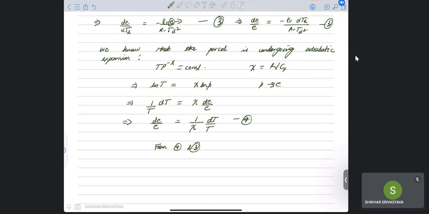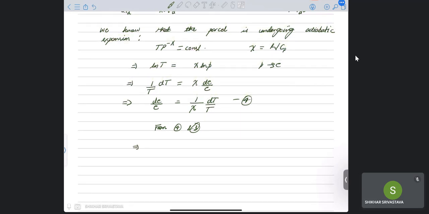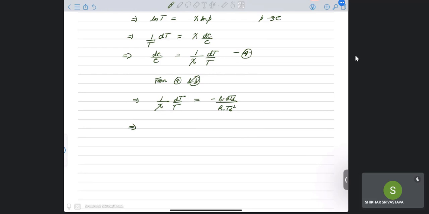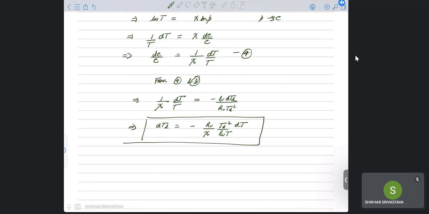So from 3 and 4, we just replace dE by E with 1 by chi dT by T. So it will become dTD is equal to minus of RV upon chi, TD square upon LV, T, and then dT. Okay, so this is your equation.